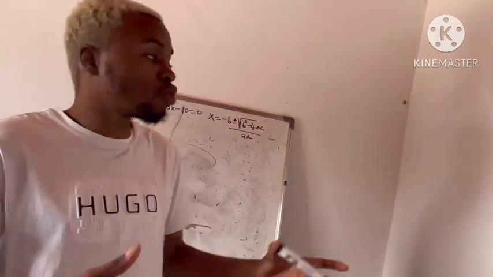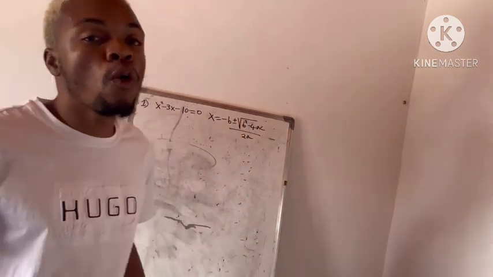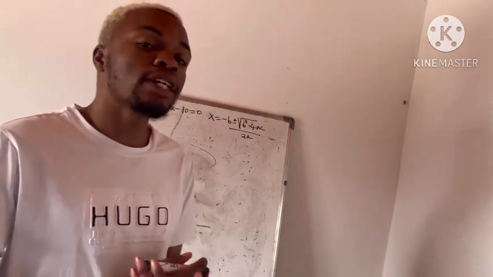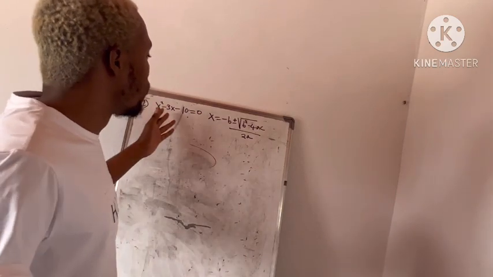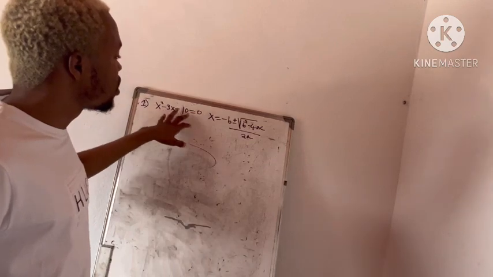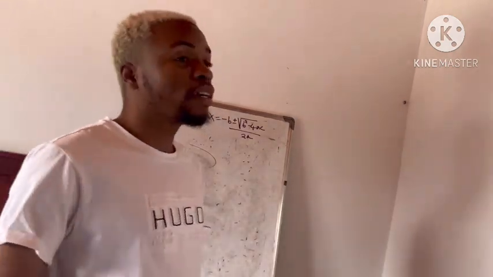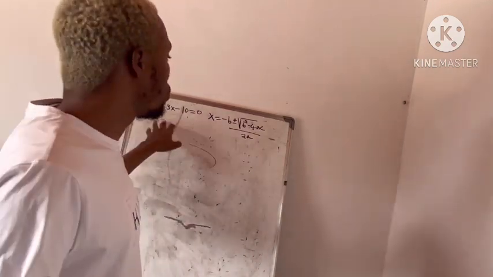You could decide to just use this formula to solve the equation, or you could use the graphical method. You could plot a graph of x squared minus 3x minus 10 equal to 0, and at the end of the day, you'll be able to find the points that suit this equation.